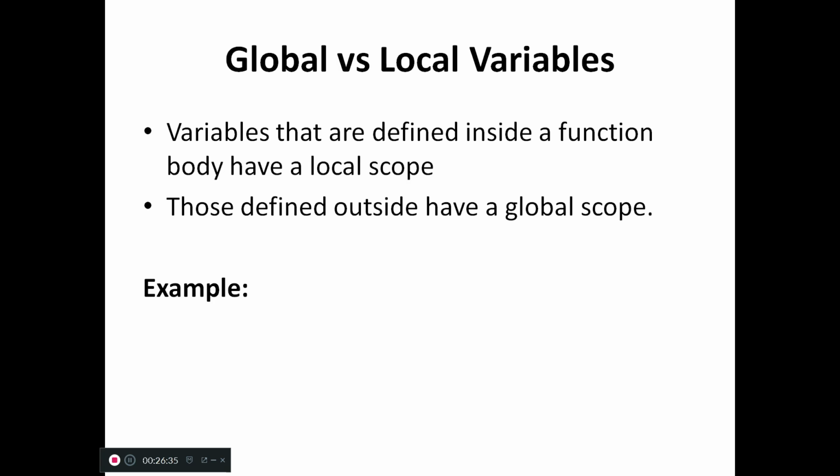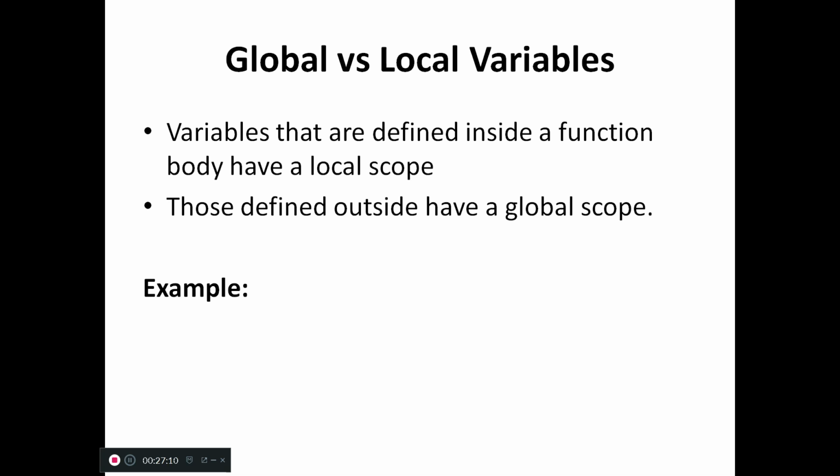So let's look into global versus local variables. Variables that are defined inside a function body have a local scope, and those defined outside have a global scope. It's as simple as that. Inside the function body is local scope. Outside the function body is global. Something like inside your country is local, outside your country is global.